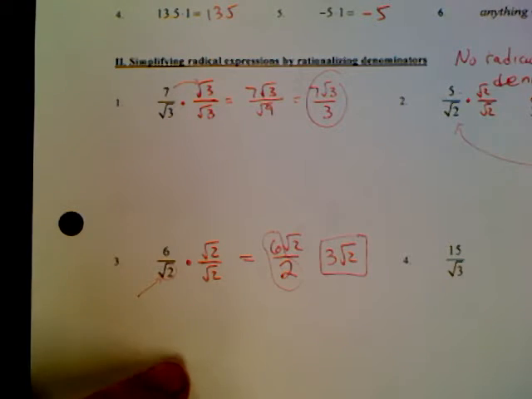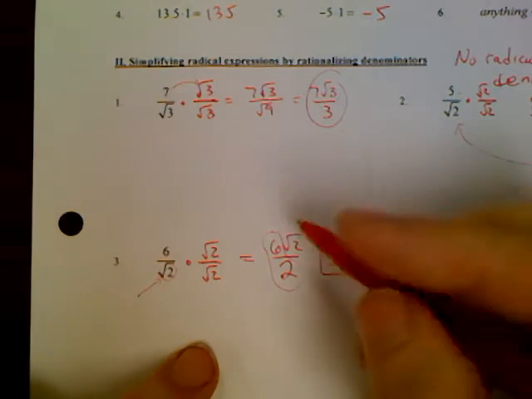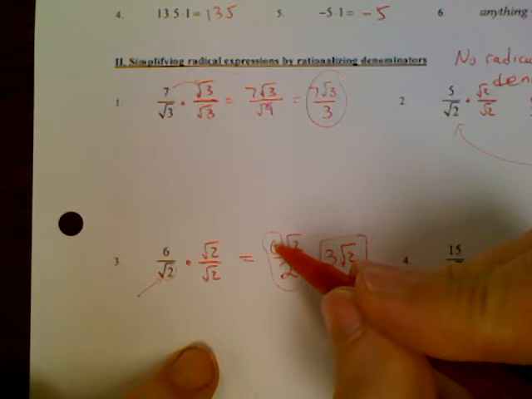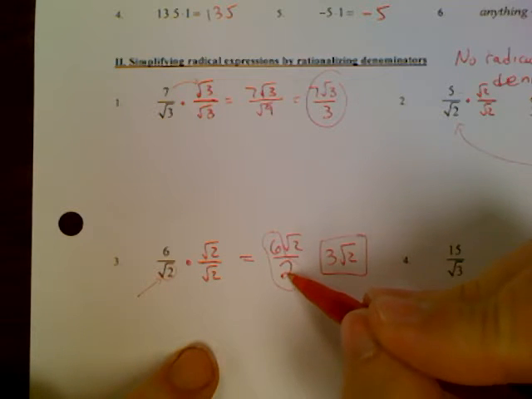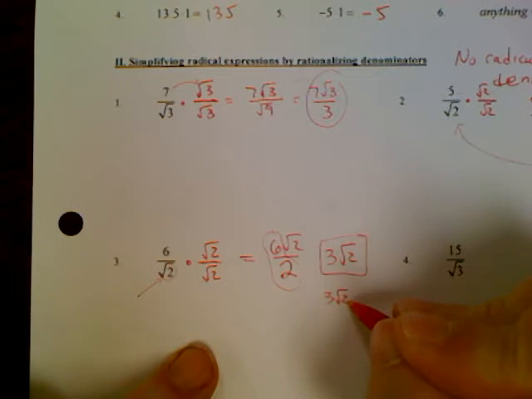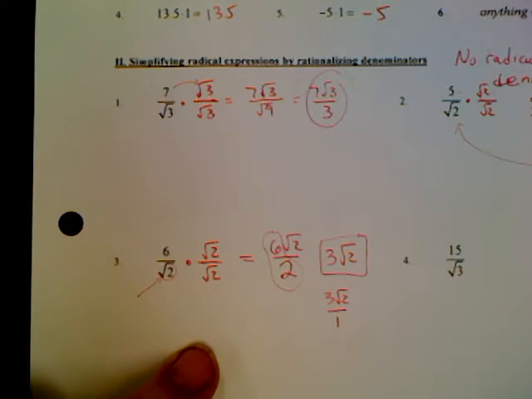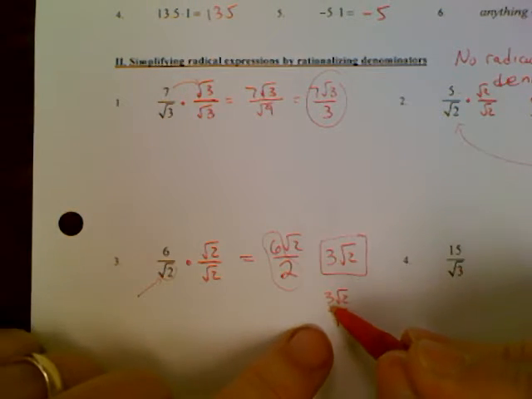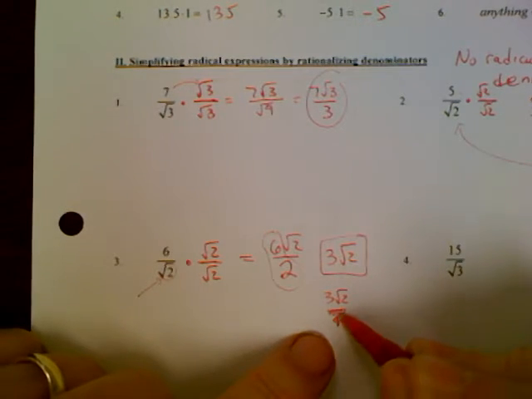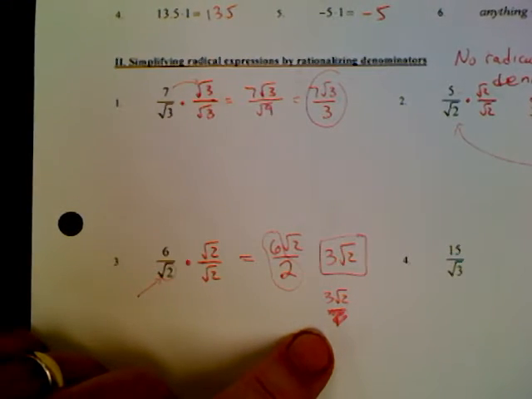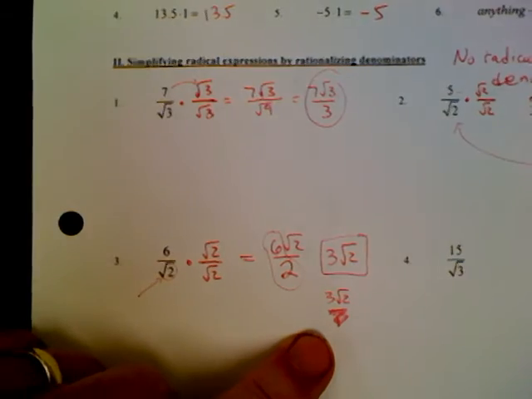Otherwise it's not simplified completely. Okay? And please, come on, we're in high school math now. Don't reduce this to 3 over 1 and write 3 radical 2 over 1. That's not wrong, it's not inaccurate, but you shouldn't be writing over 1 if you don't need it, and we don't need it. So please don't do that.